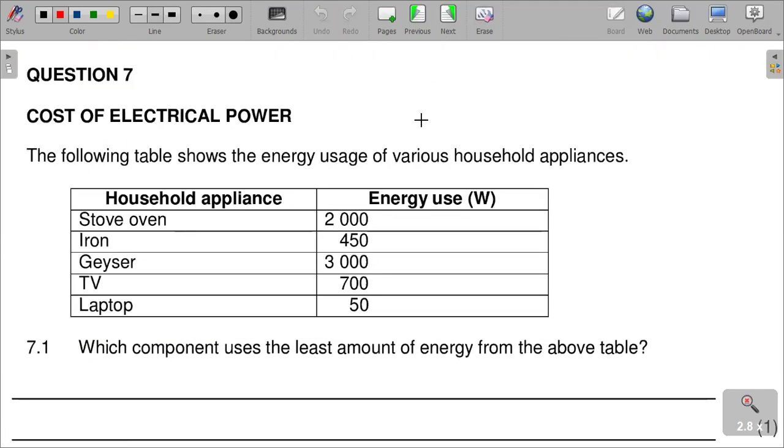Question 7, cost of electrical power. The following table shows the energy usage of various household appliances. Household appliance energy use in watts: the stove has got 2000 watts, iron has got 450, geyser 3000, TV 700, and then laptop 50.